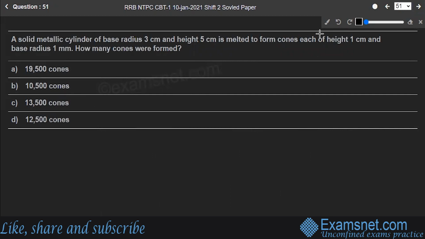A solid metallic cylinder of base radius 3 centimeter and height 5 centimeter is melted to form cones of height 1 centimeter and base radius 1 millimeter. How many cones were formed? So, number of things are given to you. First thing is radius of metallic cylinder, three centimeter.